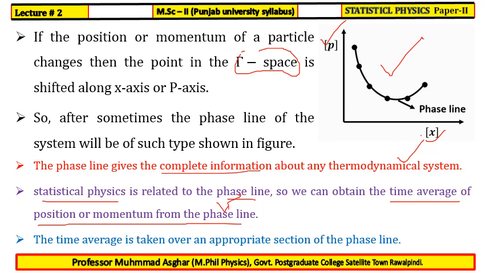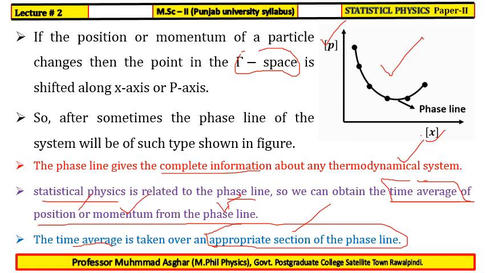So we take the time averages to find the position and momentum using the phase line. Time average which is taken in the phase line can be taken over an appropriate section of the phase line. And what is meant by appropriate section of phase line we will discuss later.